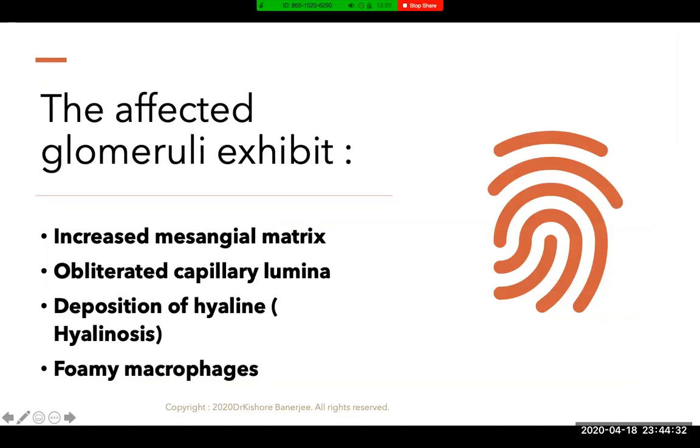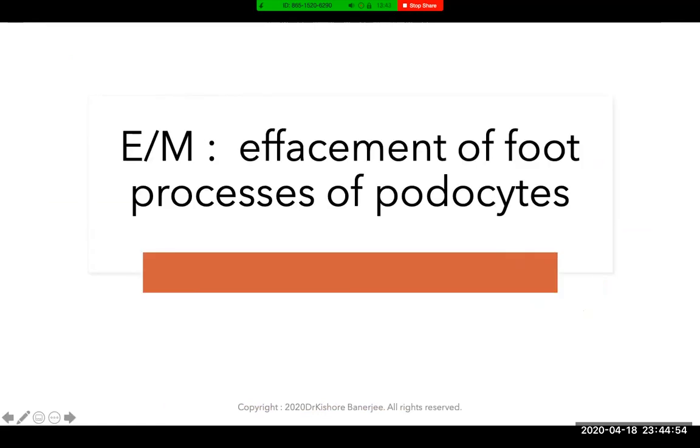On light microscopy, you can see increased mesangial matrix, you can see deposition of hyaline or hyalinosis, foamy macrophages, and there could be obliteration of the capillary lumina. In the second step, that is immunofluorescence, there could be non-specific deposition of immunoglobulins. And on electron microscopy, you can see effacement of the foot processes, just like minimal change disease.